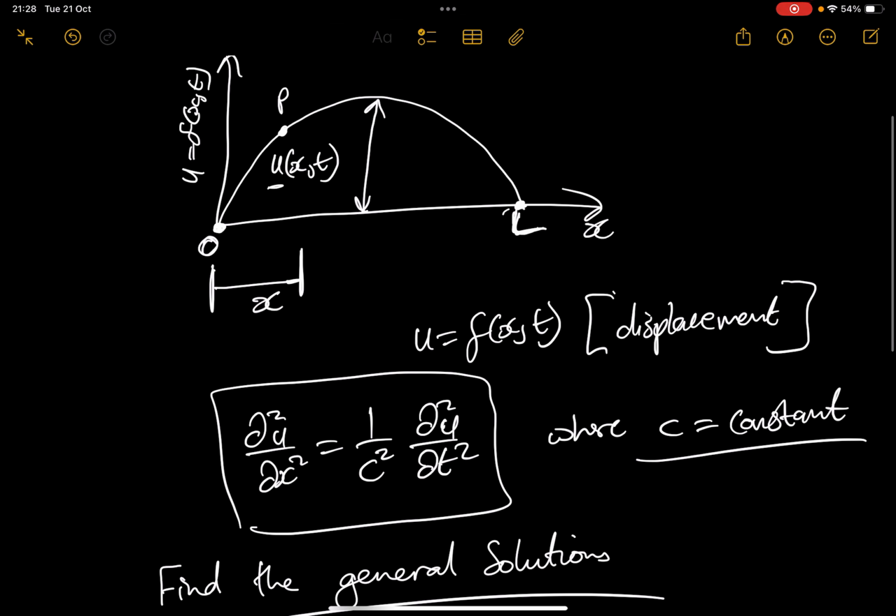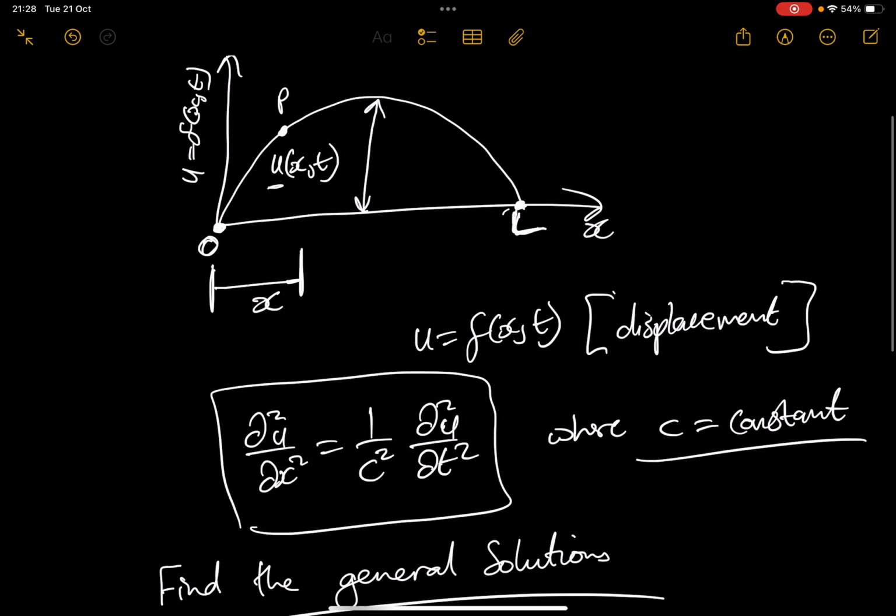So we are equating this equation to a constant mu that is independent of x and t.